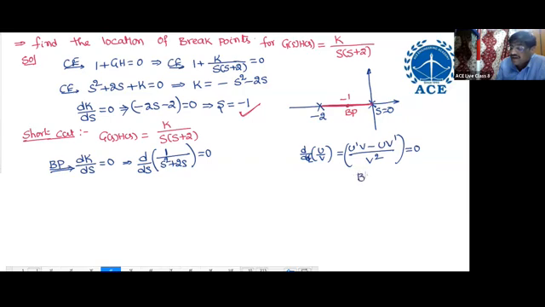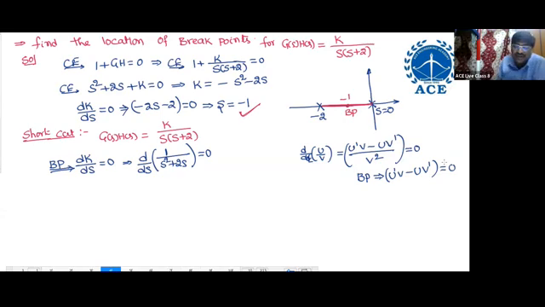And simply, breakpoint is nothing but u dash v minus u v dash equal to 0. That's all. Simply u dash v minus u v dash equal to 0.